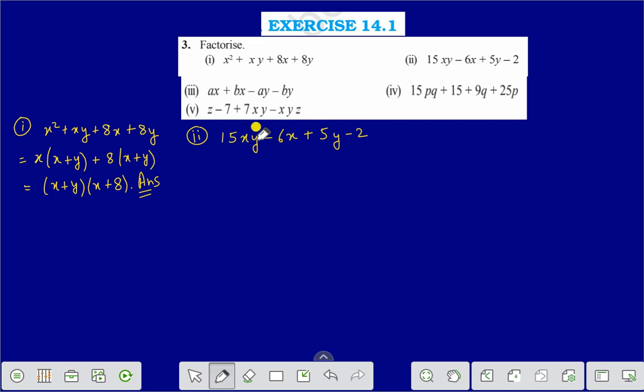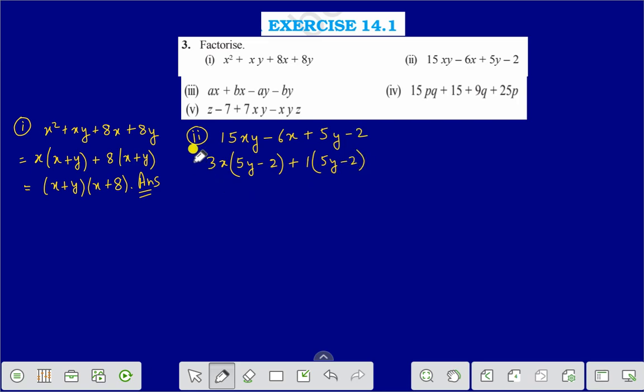From these two, 15xy and minus 6x, if we take common 3x, then we are getting 3 5 is 15, 5y minus 2. Plus we can write it as 1 into 5y minus 2.